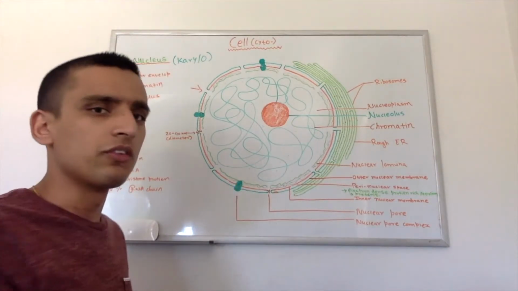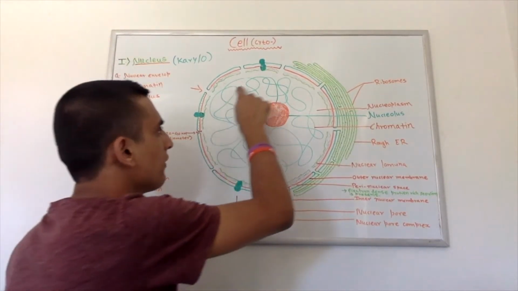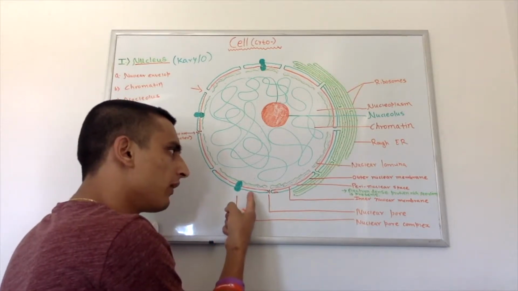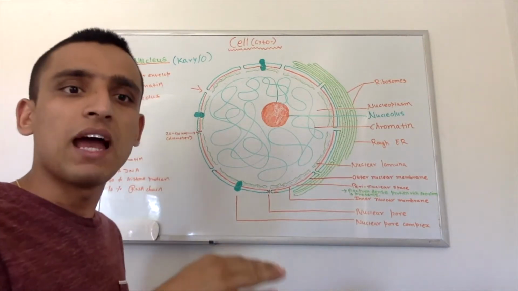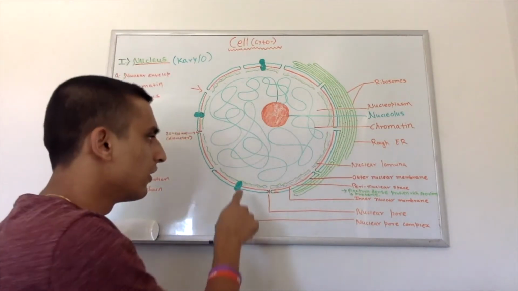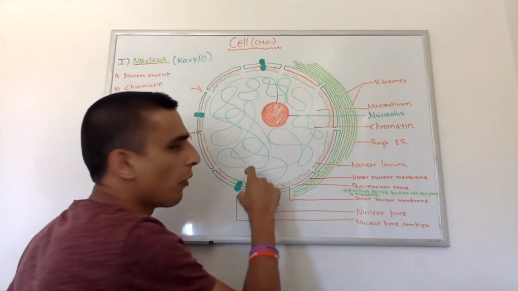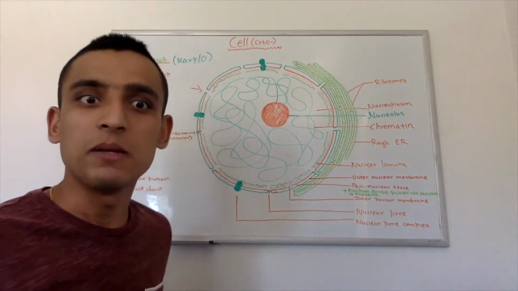It may have ions and other types of molecules in it. That's why it's called nucleoplasm. The nuclear envelope separates two compartments. Outside the nucleus, you have the cytoplasm or cytosol, right? Inside is the nucleoplasm. So it separates the two compartments. That's very important to understand.